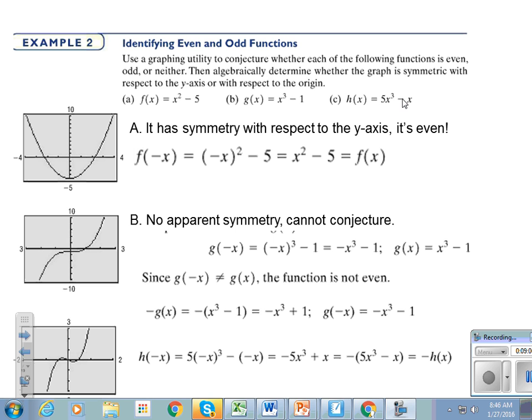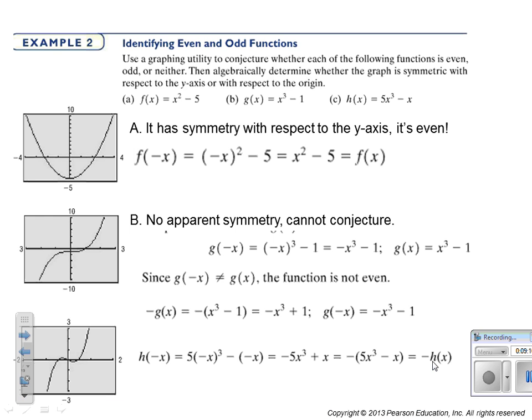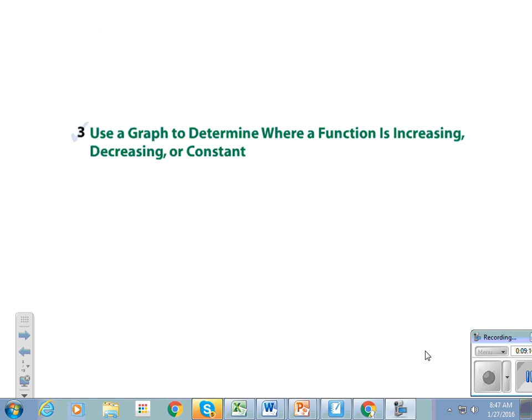It was positive 5x cubed minus x. Now it's negative 5x cubed plus x. So we can say that it is the opposite of h of x, which means that C is odd.